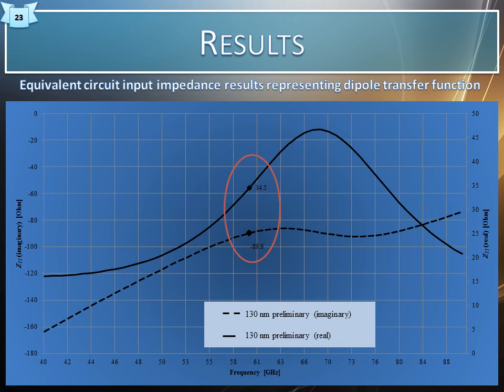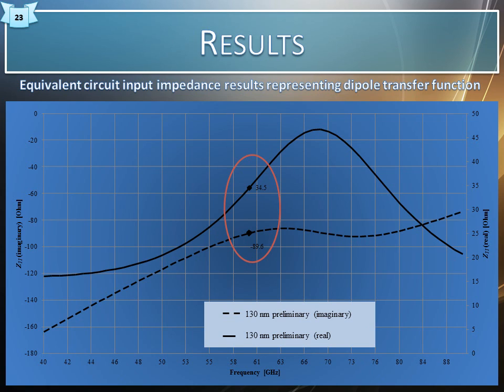Through the use of the MATLAB script, importing the data from the previous slides, the following preliminary first-order electronic circuit was obtained, representing the dipole transfer characteristics without a substrate.